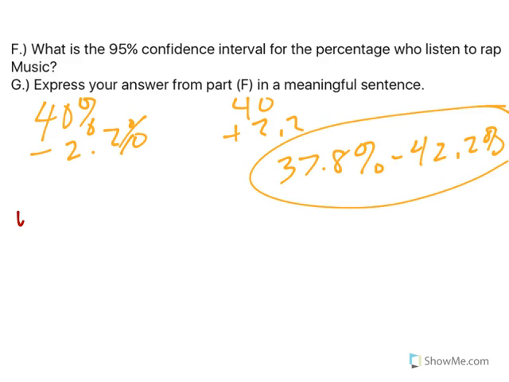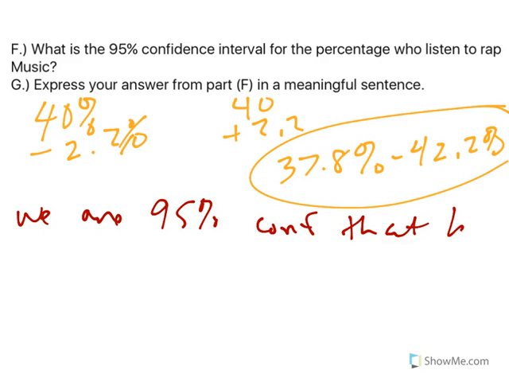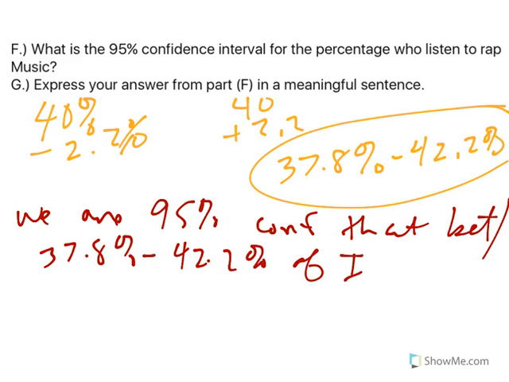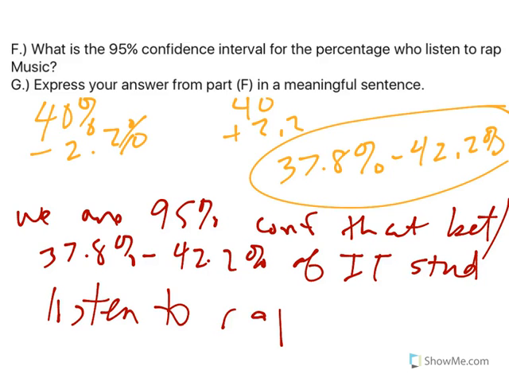So when I write my statement, we are 95% confident that between 37.8% and 42.2% of Ivy Tech students listen to rap music. And again with the Mad Libs, 95% confident. Here's my interval. Population, what are they doing? That's what we want.